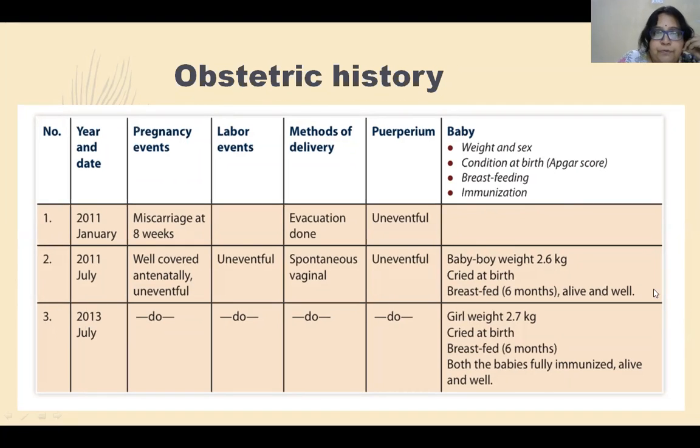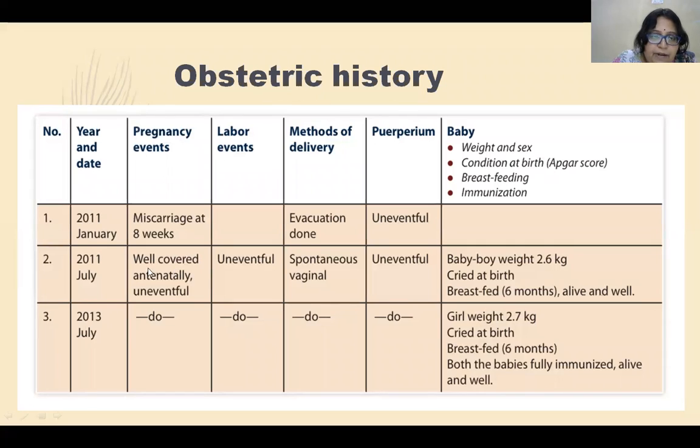All these should be noted in the obstetric history. If it was a miscarriage, whether evacuation was done and where, whether institutional or non-institutional, and whether she used any contraceptives following evacuation.